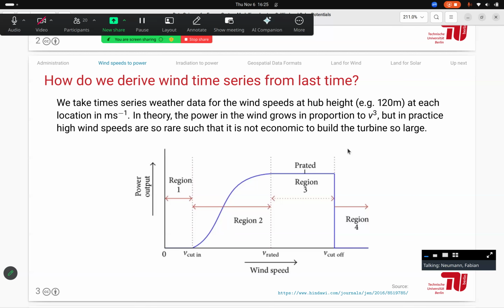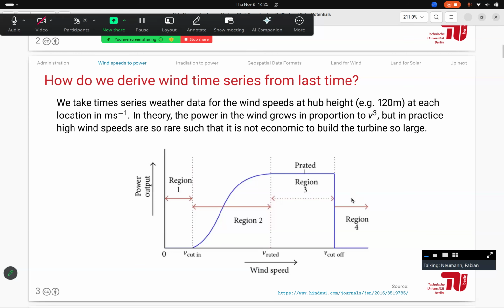And then there's a so-called rated wind speed at which the power output doesn't increase anymore with higher wind speeds. So say your wind turbine has a rated power of 3 megawatts, then above this rated wind speed, your wind turbine would produce at the rated power, which would be 3 megawatts, just as an example. So regions 2 and 3 are the ones where the wind turbine is producing.